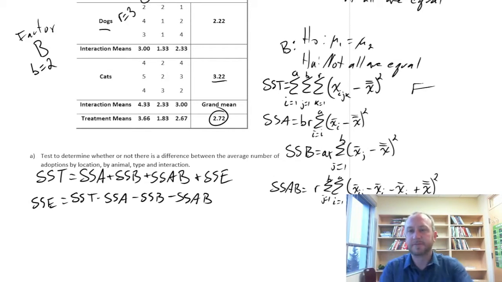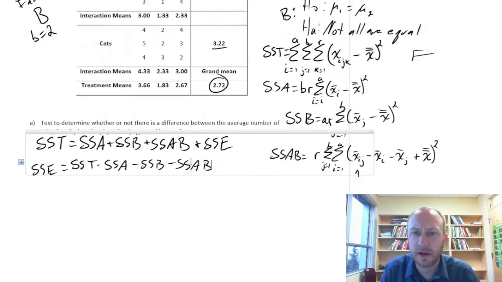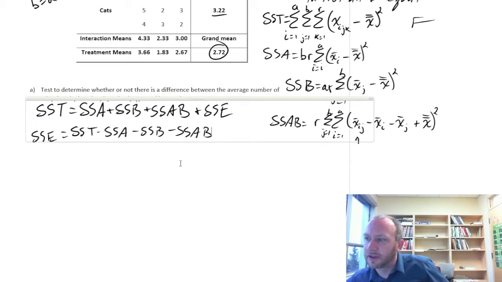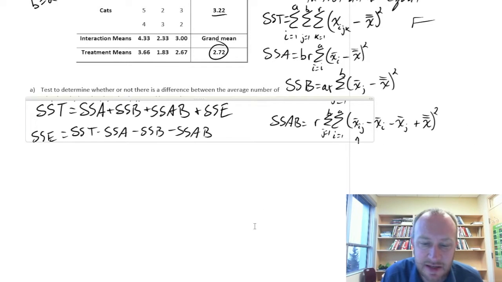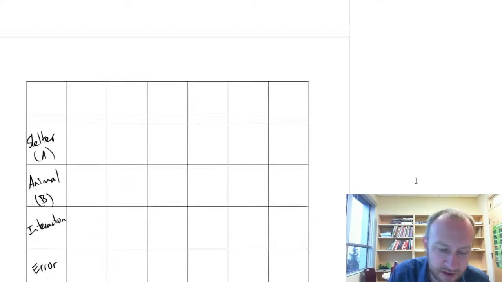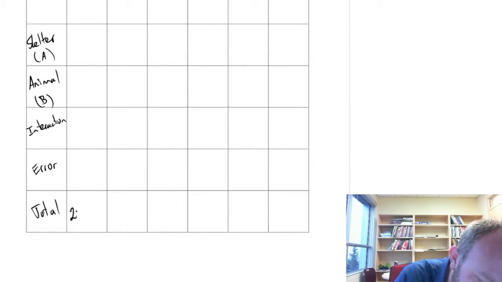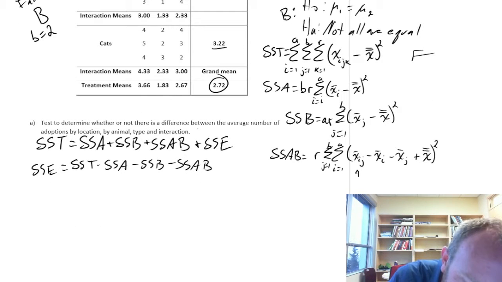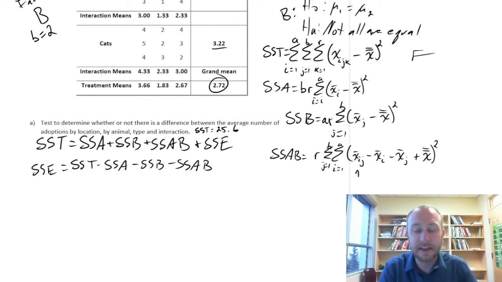And then, of course, the SST is given to you, and so you can easily calculate SSE. I forgot to put it on my notes, but SST is given as 25.6. So I'm going to add that in, SST is 25.6, and then we'll use that to obtain SSE in the end.